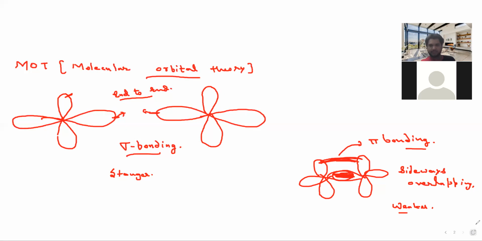Yeah, I'm going to tell you. Suppose whenever there is a single bond, it has only the sigma bond, one sigma bond. So it means a single bond has one sigma bond. If I say there is one double bond, its simple meaning is it has one sigma and one pi bond.